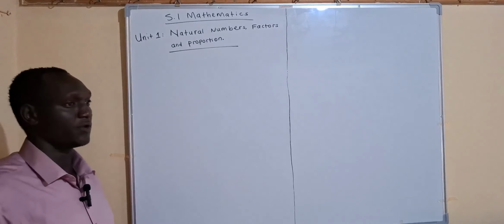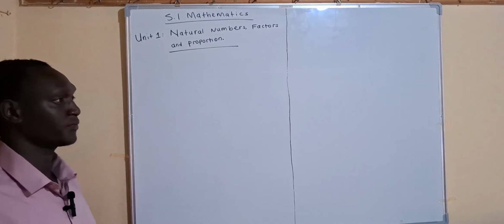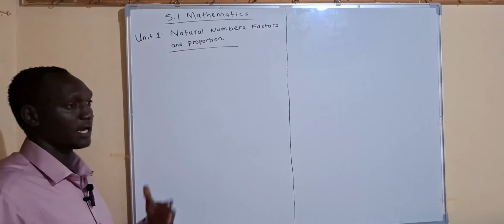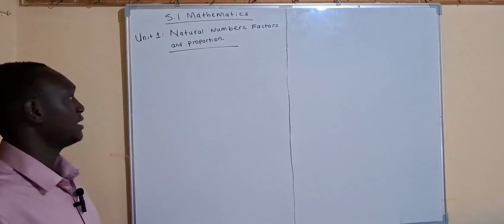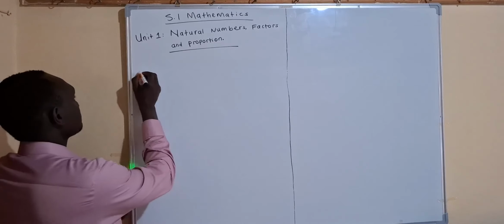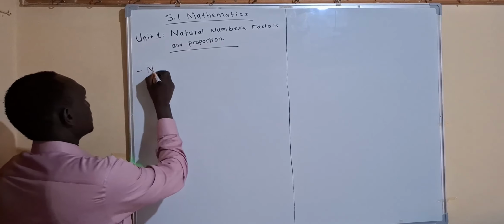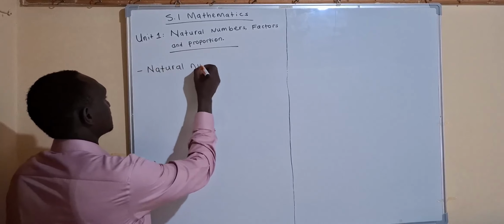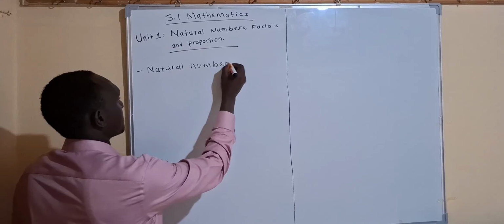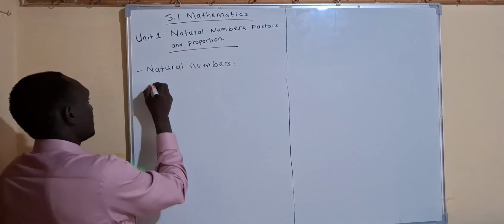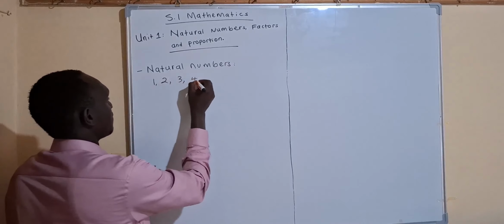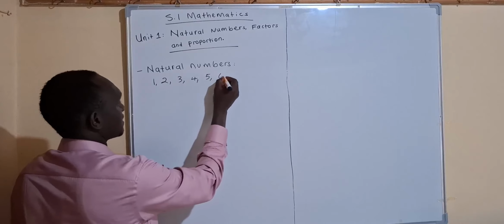Let me tell you about the natural numbers. Natural numbers in nature, they are counting numbers. That's why, when we talk of the natural numbers, these are 1, 2, 3, 4, 5, 6.